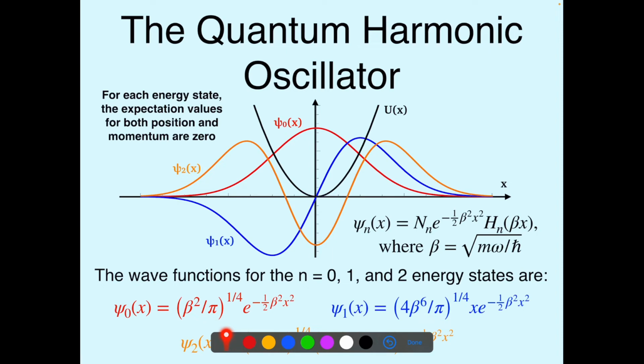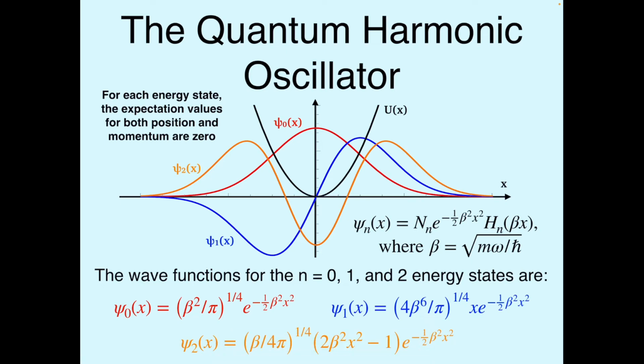Okay, and then the second excited state, psi 2, is a similar sort of thing, but now we have a peak on this side, and then we go to a trough right in the middle, and then another peak on the positive side. And then, of course, n can be arbitrarily big. There's a whole bunch of other wave functions. In fact, there's an infinite number of possible wave functions, because n can have any integer value.